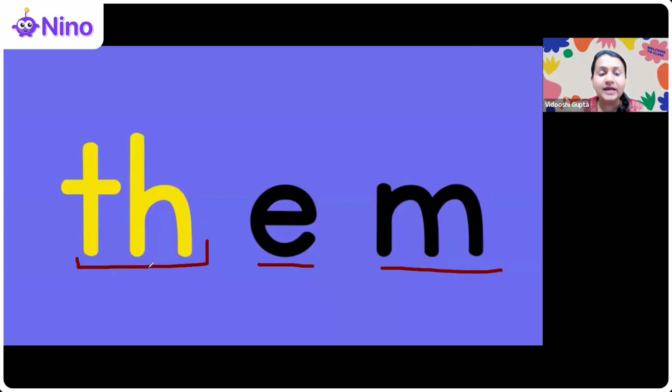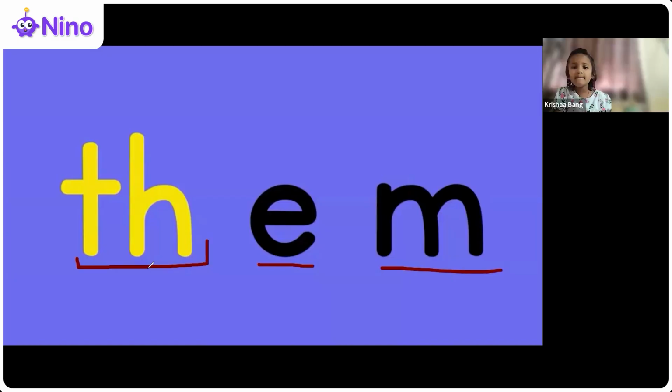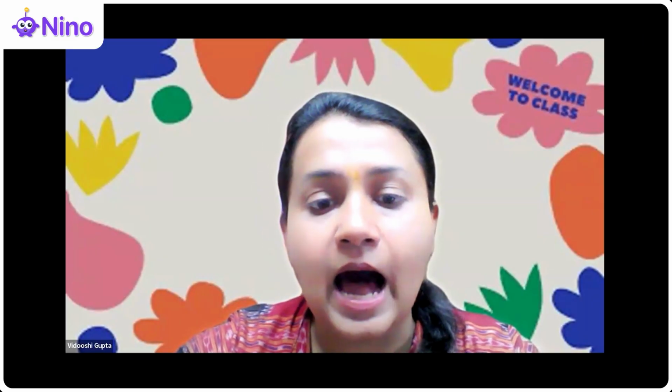Try to join them. Very good. So this word is them, where we are using the hard the. T and H is making the hard the sound. Very good, Krisha, for trying.